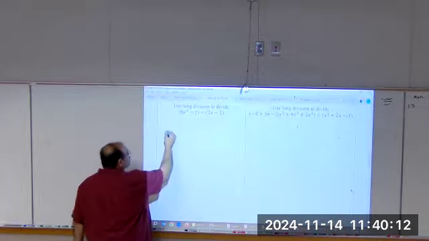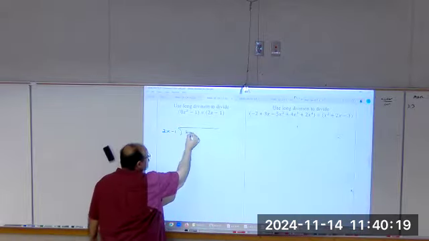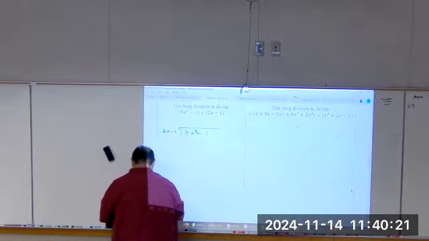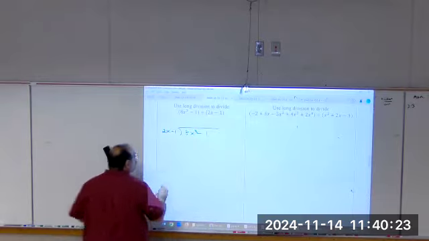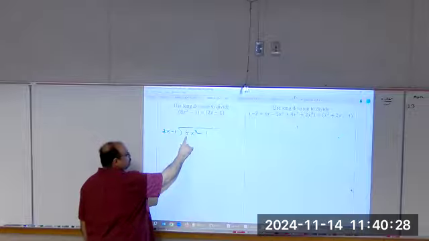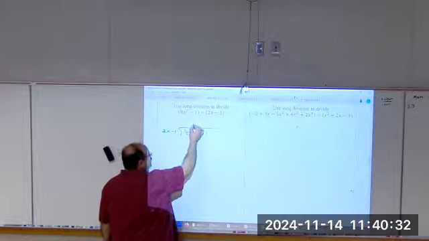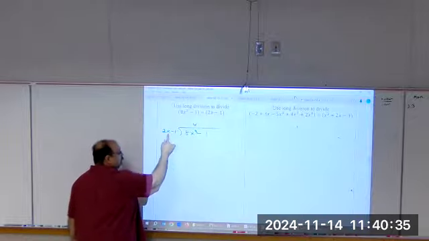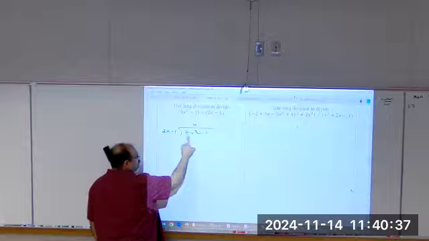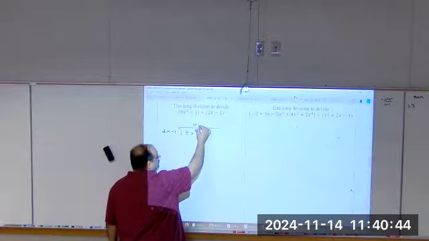If I try to do this without fixing it first, the divisor is 2x minus 1, and I'm trying to divide into 8x to the third minus 1. I have 2, I want 8. What do I have to multiply by? A 4. If I'm not paying attention, I'll probably just put 4. I have x, I want x to the third. So what times x gives me x to the third? x squared, 4x squared.